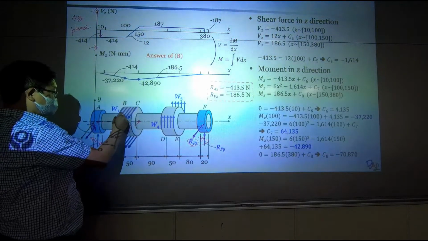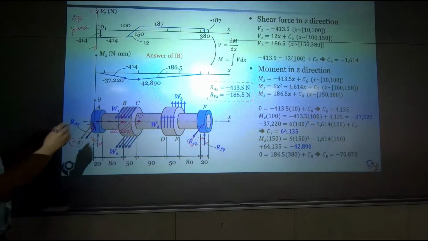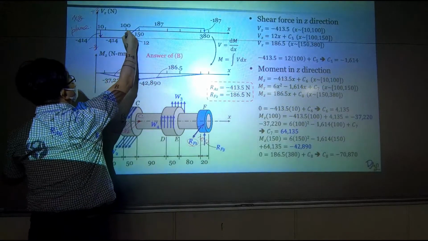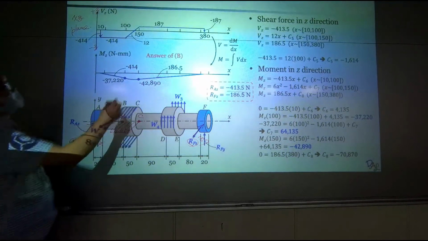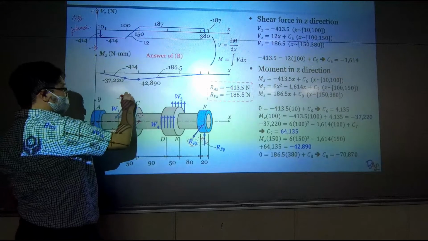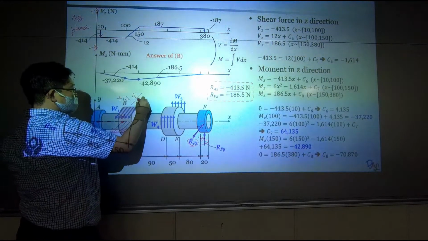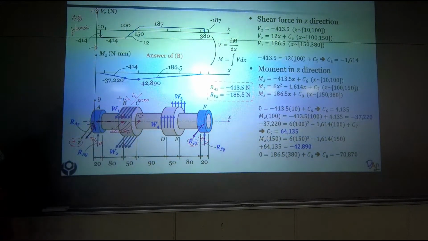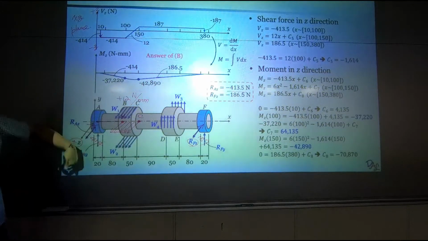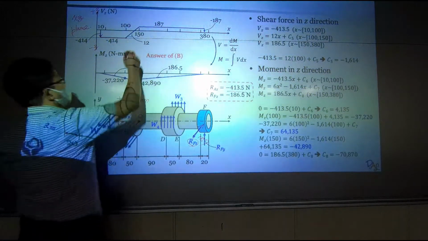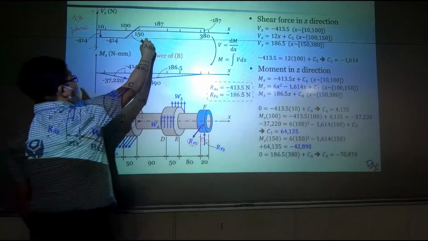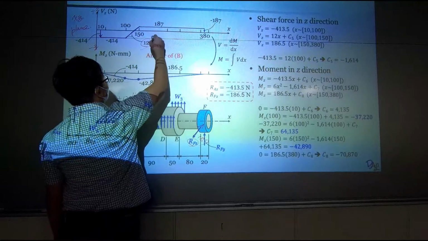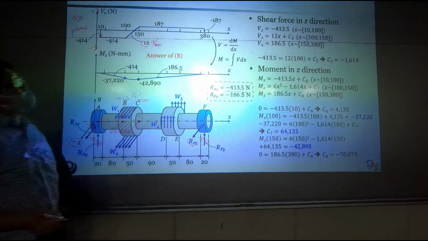Okay, and this is point B and point C. So from point A to point B, we have a horizontal line, and from B to C, we have positive 12 Newton per millimeter going the positive way. So here is a positive slope with a magnitude of 12 Newton per millimeter.